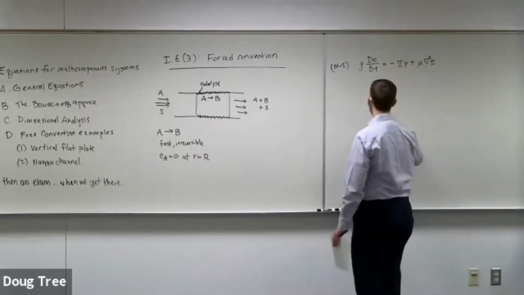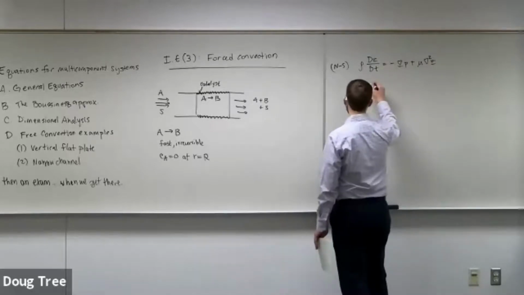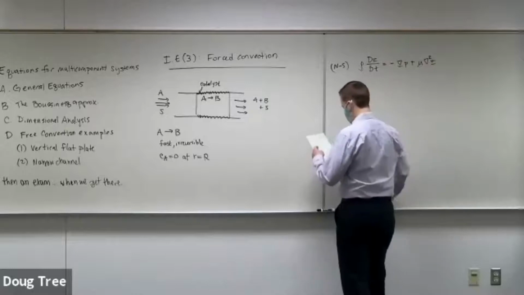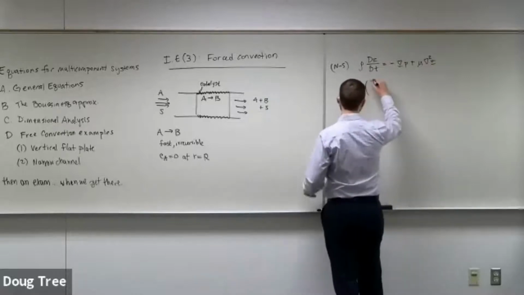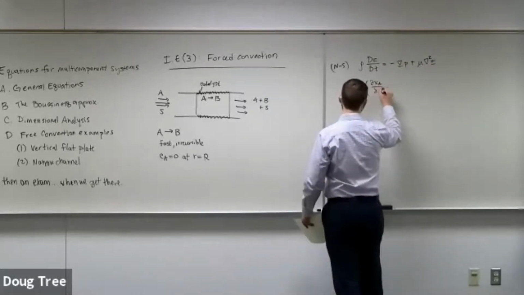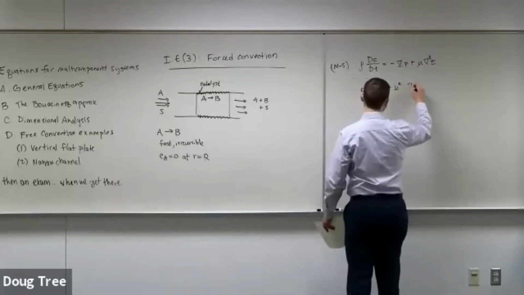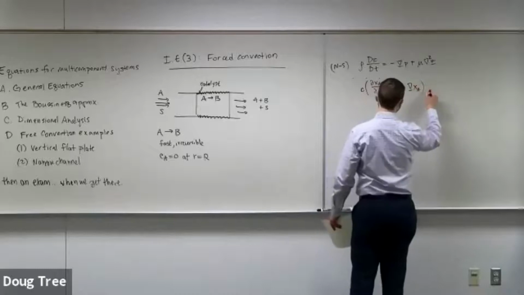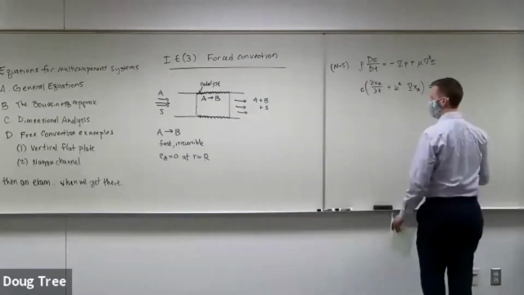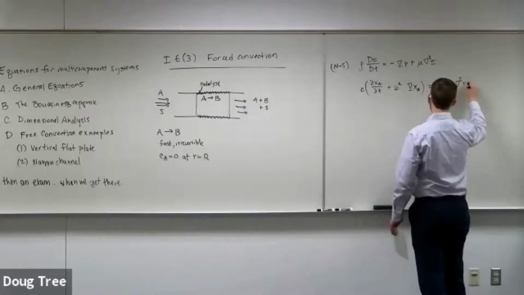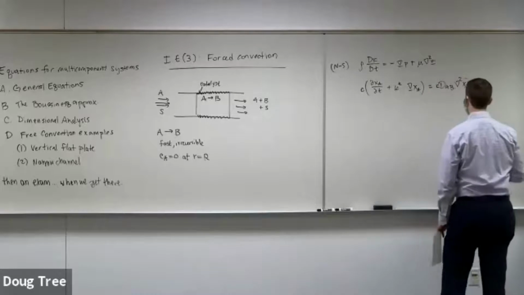Okay, and then the reaction diffusion equation, I'm doing this one in the mole units, so I have to write C dxA/dt plus V star dot grad xA is equal to, and then is it C DAB grad squared xA.